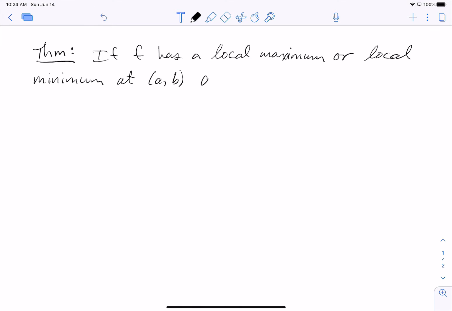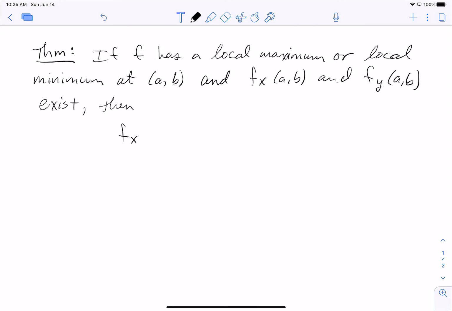The theorem here is going to help. If f has a local maximum or minimum at (a, b), and if the partial of f with respect to x at (a, b) and the partial of f with respect to y at (a, b) both exist, then it will be the case that the partial with respect to x at (a, b) and the partial with respect to y at (a, b) will both be 0.